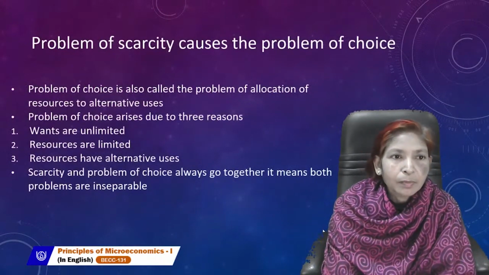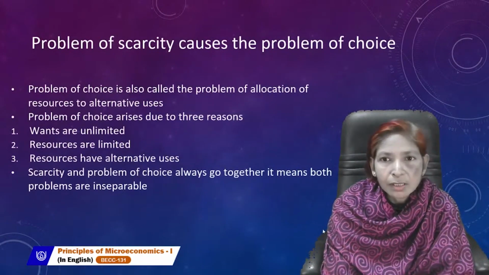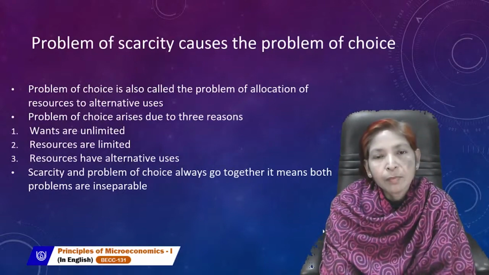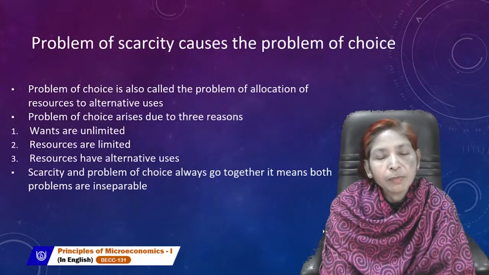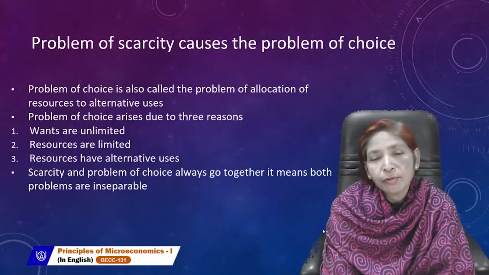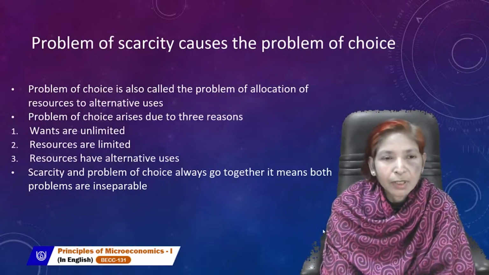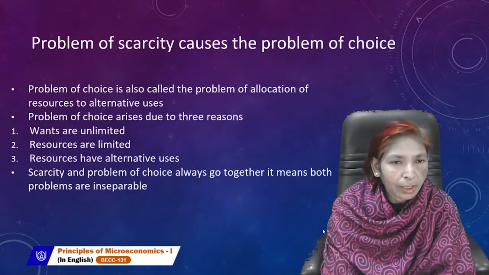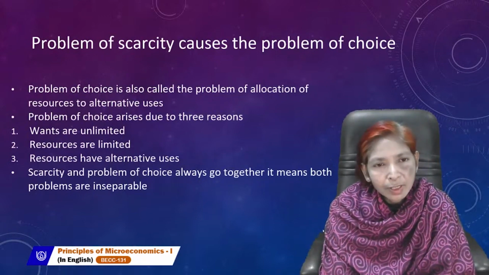Next, the problem of scarcity causes the problem of choice. The problem of scarcity and the problem of choice always go together. If there is scarcity, then definitely the problem of choice will arise. If there is no scarcity, no shortage, no limitations, then no problem of choice will arise.